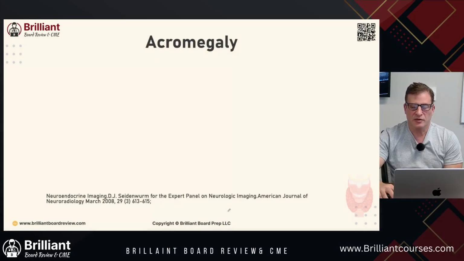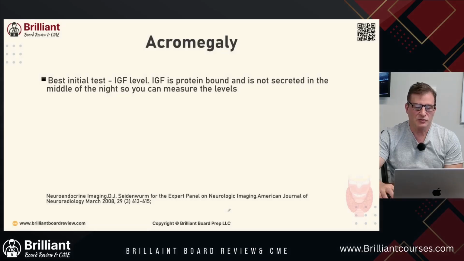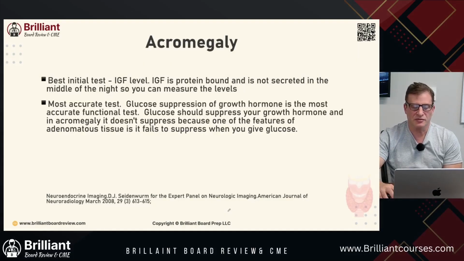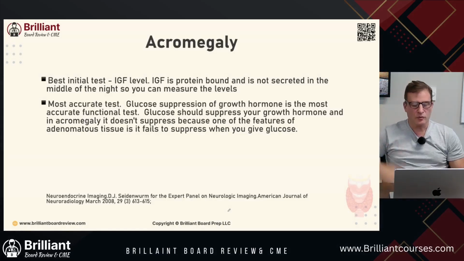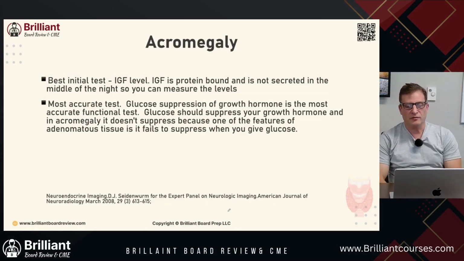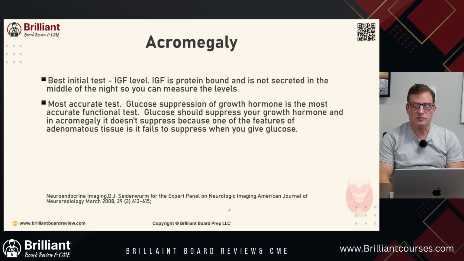Continue discussion on acromegaly. Best initial test is the IGF level. IGF is protein bound and is not secreted in the middle of the night, so you can measure the levels. Most accurate test is glucose suppression of growth hormone. Glucose should suppress your growth hormone.